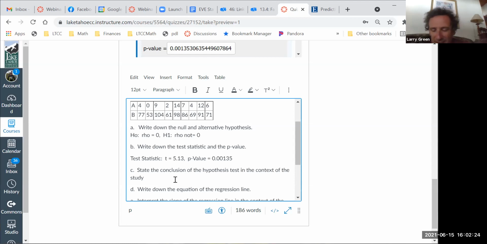Okay, so we want to state the conclusion, and we know that the p-value is really small, smaller than any level of significance we'd ever use.